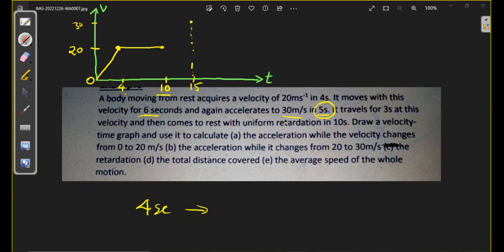And then it travels for 3 seconds at this velocity and then comes to rest. So it continues traveling at 30 for 3 seconds. 15 plus 3 gives us 18. So it will be traveling to 18 at the same velocity, like that.